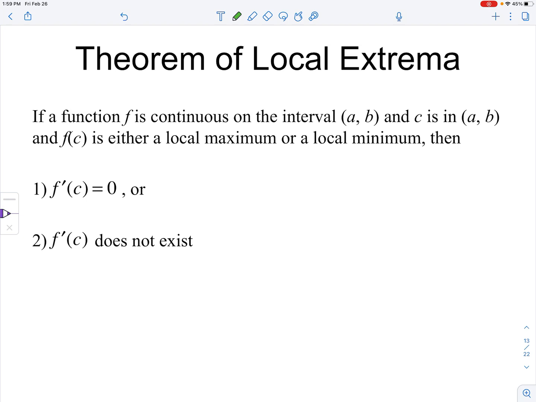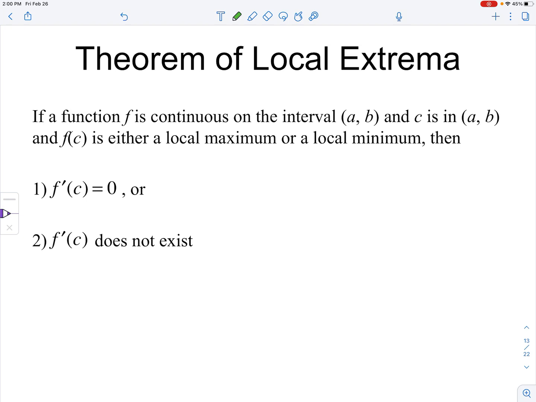Okay, so our theorem of local extrema, this is important. If a function f is continuous on the open interval from a to b, and c is in the interval from a to b, and f of c is either a local maximum or a local minimum, then f prime of c is equal to 0, or f prime of c does not exist.